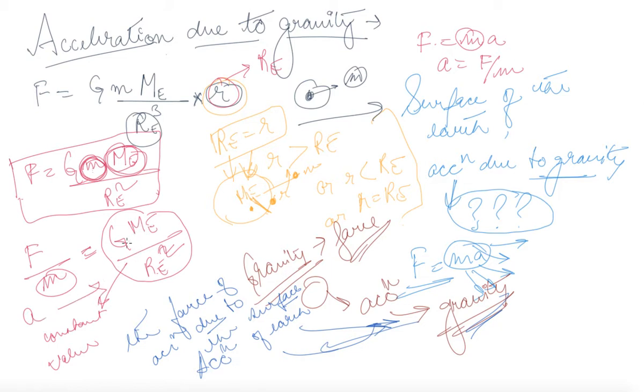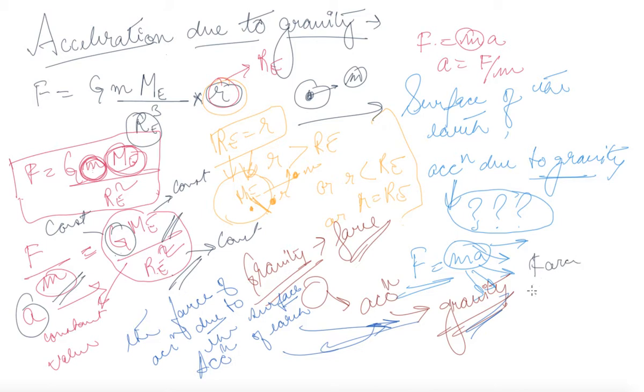Now as you can see, G is a constant, M_e is also a constant, the radius of the earth is constant, and the gravitational constant is also constant. So what we can say is that the acceleration due to gravity is constant and it does not depend upon the mass.